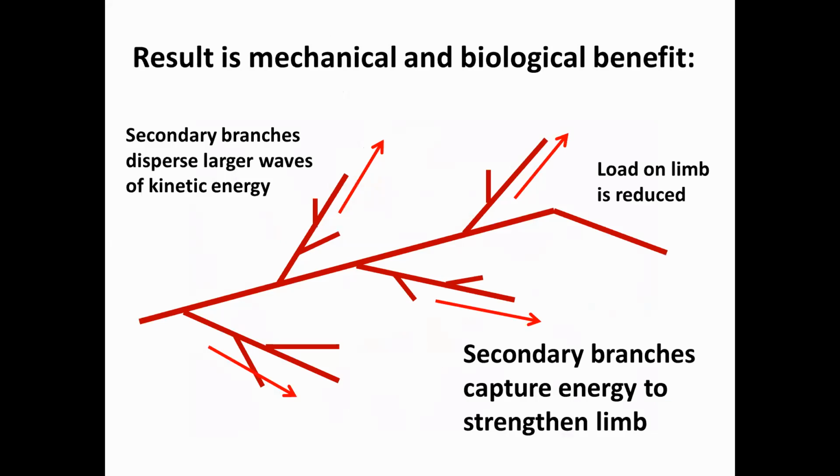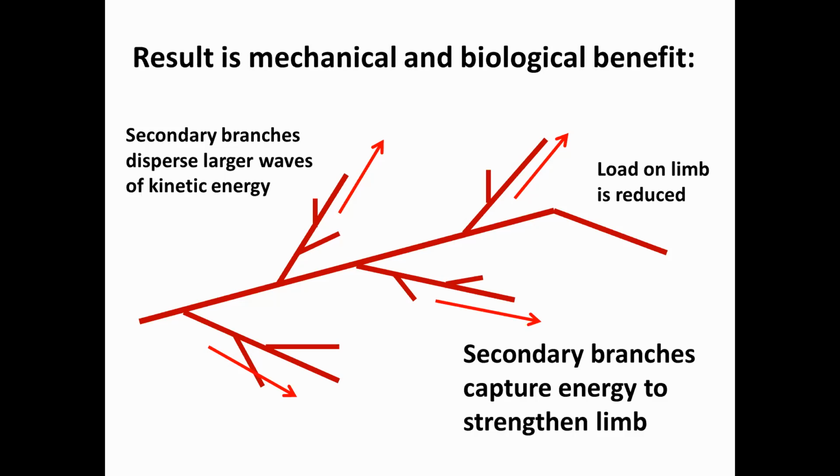And the result of it is multiple levels of benefit. Firstly, I noted the load on the limb is reduced just by reducing the length of the lever on the arm of that branch. And then secondary benefits come from that: the branches that are left behind can make smaller waves that break up the bigger oscillations that are whipping along that limb.